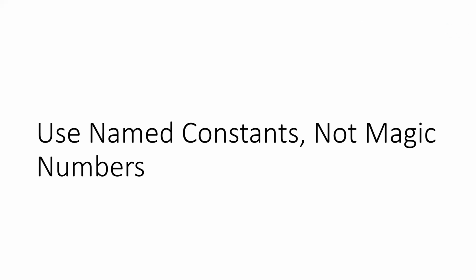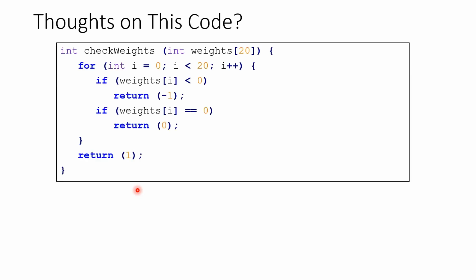And the next part is on a really important thing. Use named constants, not magic numbers. Do not use magic numbers. I will see magic numbers every year. Let's look at this code.